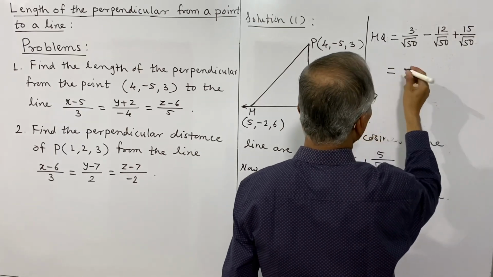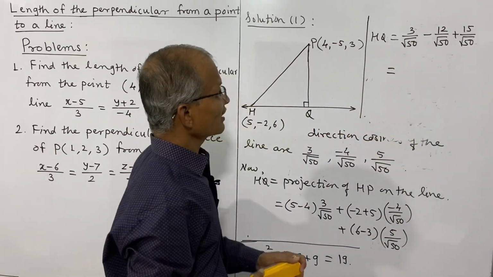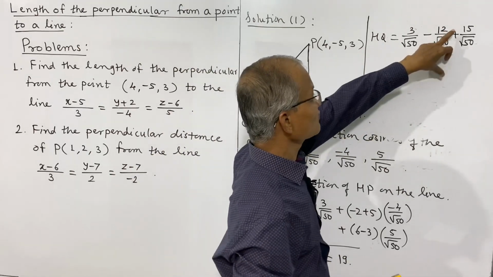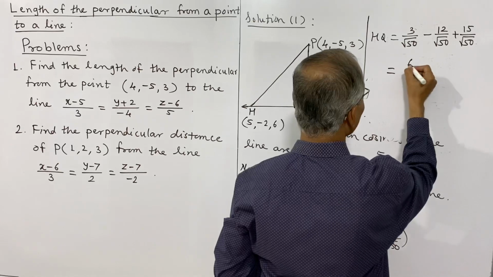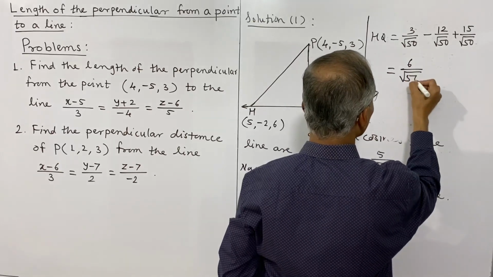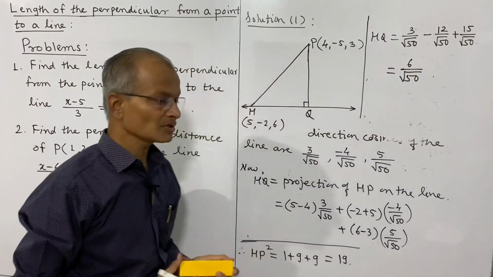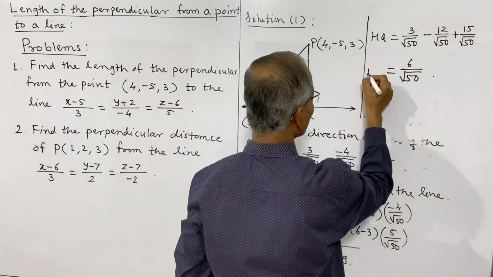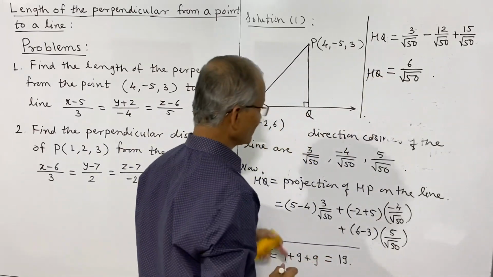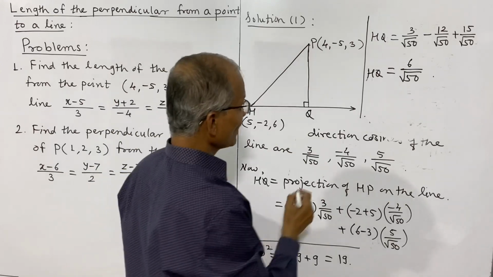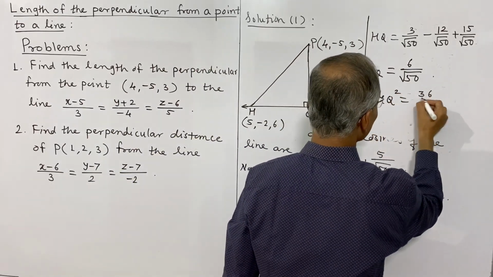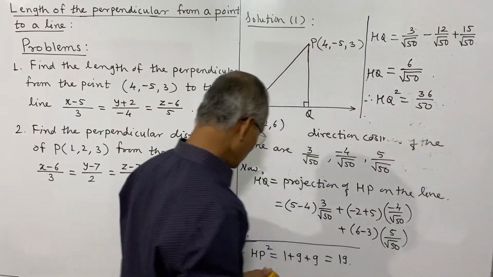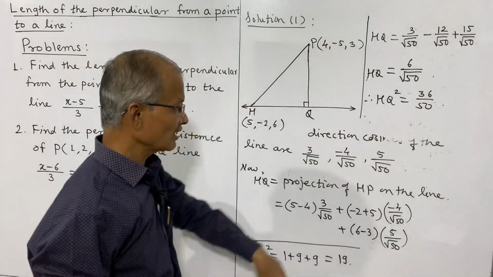The numerator is 3 minus 12 plus 15, which is 6, so HQ is 6 divided by root 50, and therefore HQ square is 36 divided by 50. Now we put these values of HP square and HQ square in our equation 1.